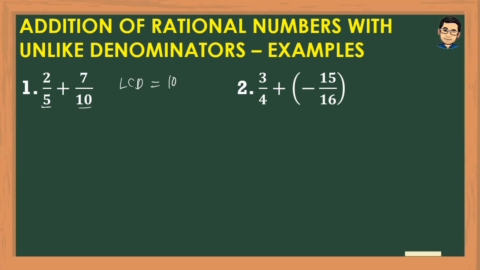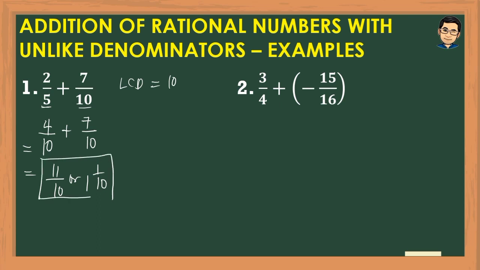So, ang mangyayari, 10 divided by 5, that is 2, times 2, 4, plus 7 over 10. Okay, so ikakopy lang natin yun since the LCD is 10. Now, we add 4 plus 7, that is 11 over 10, or 1 and 1 over 10. So this will be our final answer.